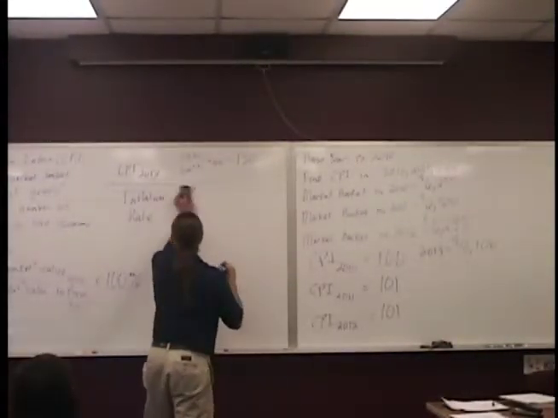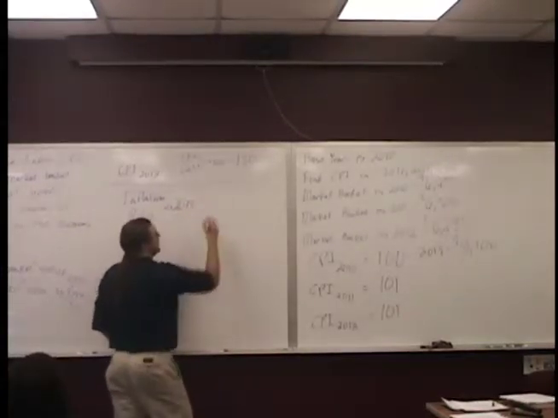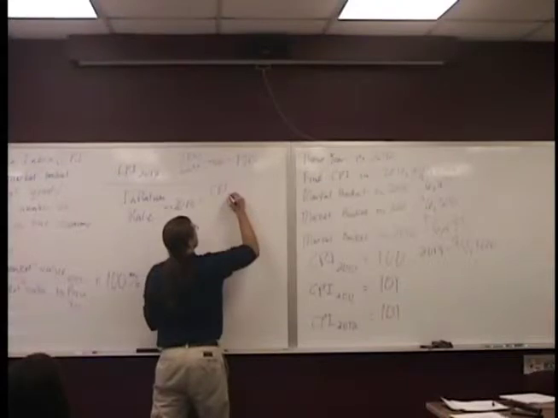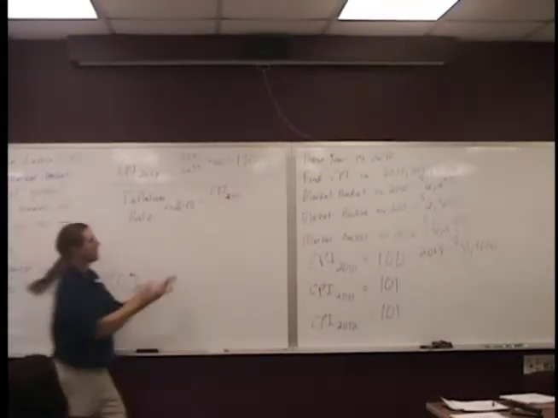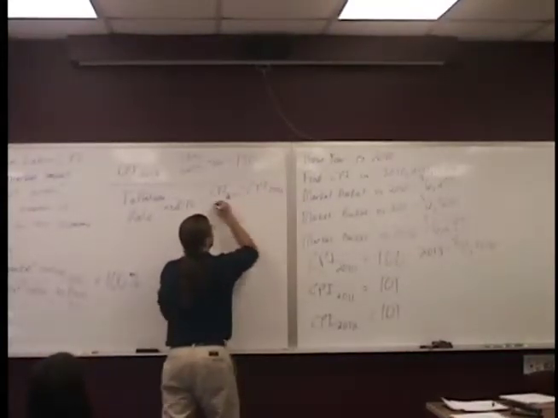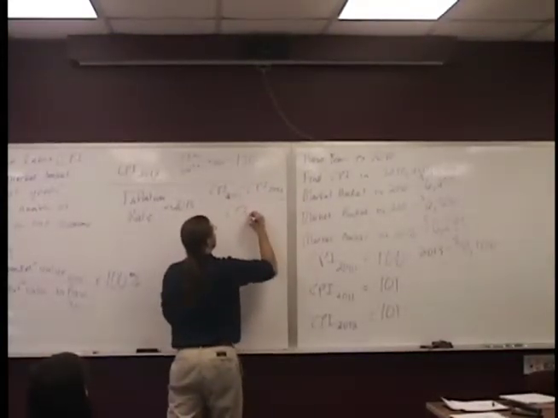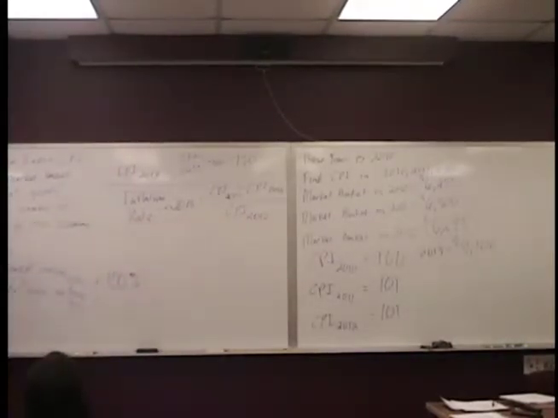So if you want to figure out what the inflation rate in 2013 is, you take CPI in 2013, subtract CPI in 2012, divide that by CPI in 2012, and again, this is a percent, so multiply by 100.